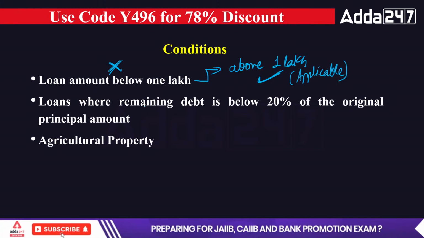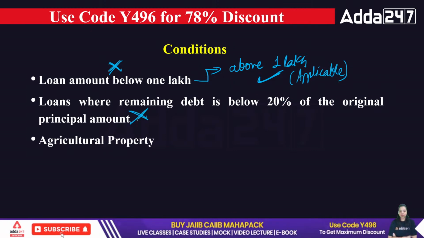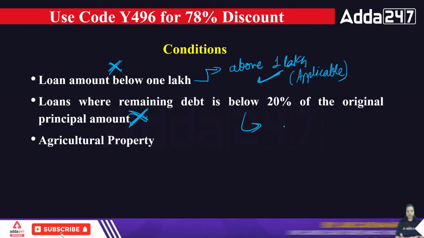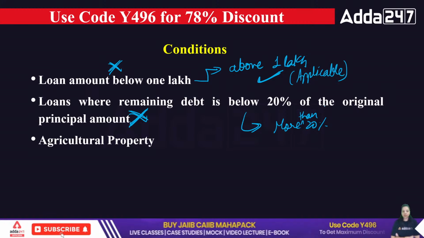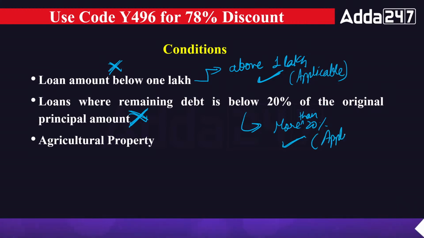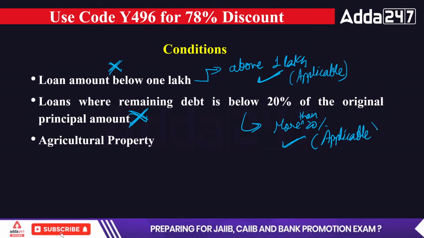If the remaining debt is below 20% of the original principal amount, then the SARFAESI Act will not be applicable. If the remaining loan is more than 20% of the original principal amount, then the SARFAESI Act will be applicable. Let's say you have given a loan of rupees 1 lakh to the customer.